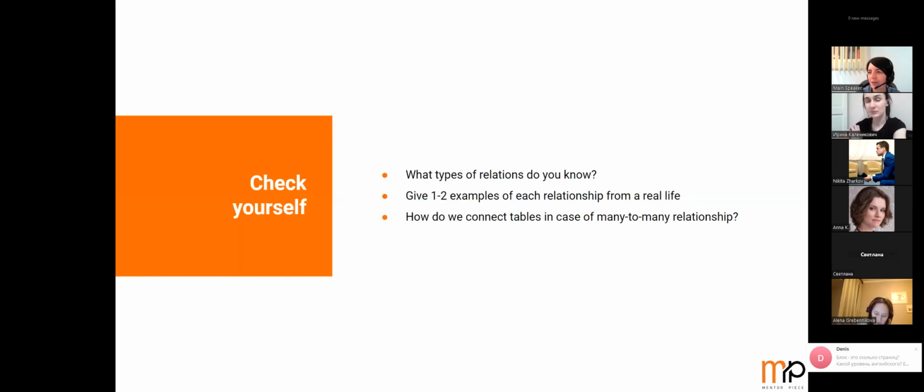Other examples, maybe? And one to one, it's maybe the personal, when a client has a personal manager, so one to one. No, because the personal manager, I think, has a lot of clients.